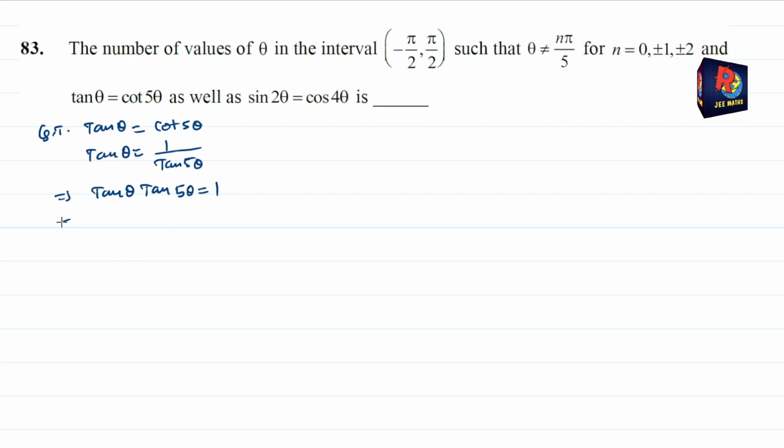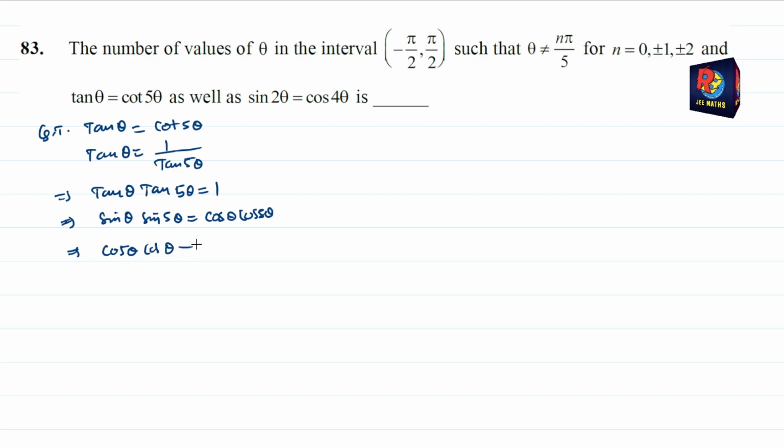So if I write in sin by cos terms, sin theta sin 5 theta equals, with cos cross multiplied, cos theta cos 5 theta. If I take this term to one side, cos 5 theta cos theta minus sin theta sin 5 theta equals 0.